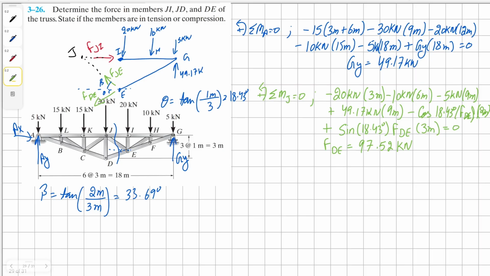in the y direction in order to solve for force member JE.